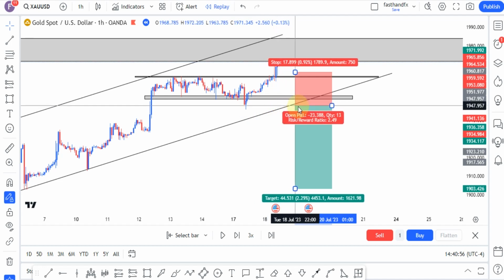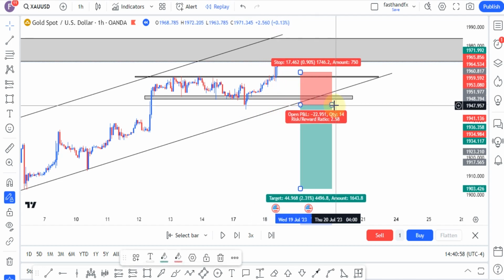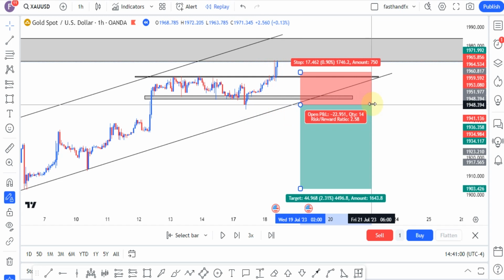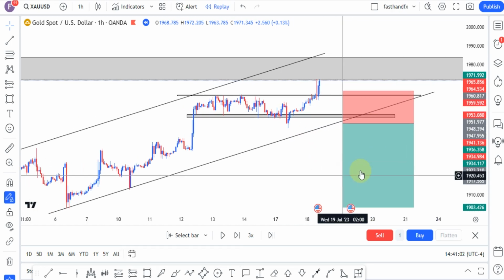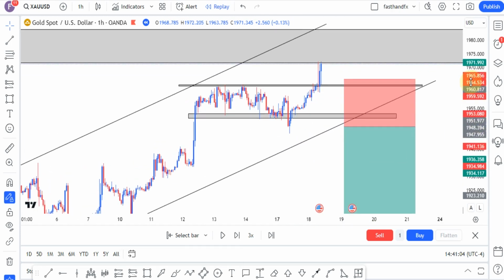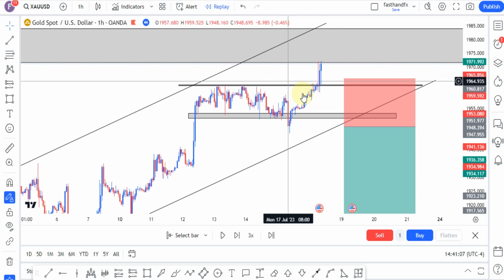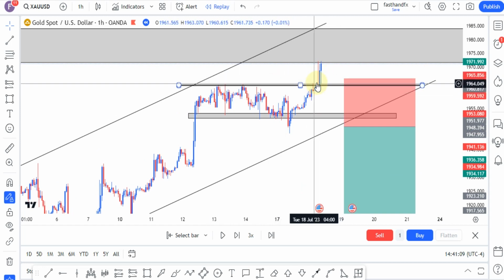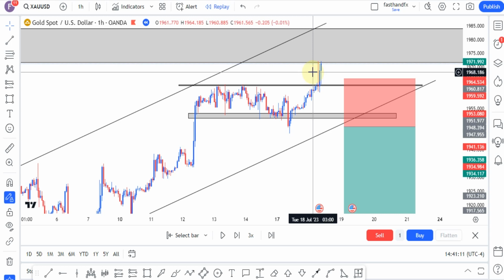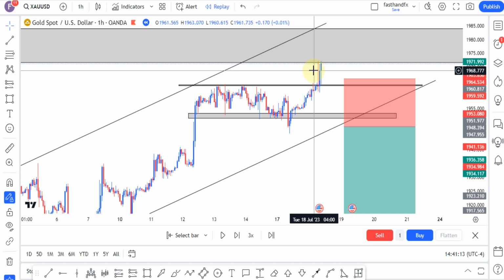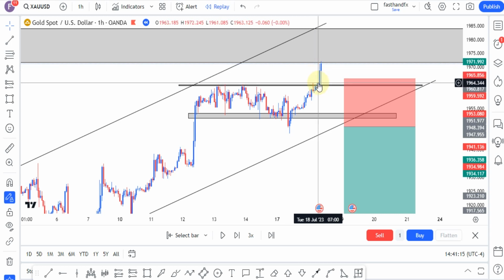Let's wait for it to give us another perfect entry, and meanwhile try to look at what the market is giving us. So at this point, the market did come and it broke above this area. This 1 hour candlestick closed above this area. So maybe you had taken your entry at this point.